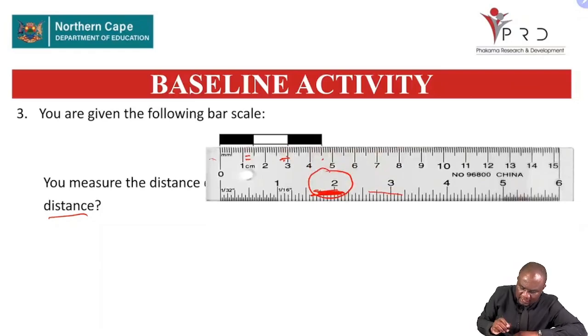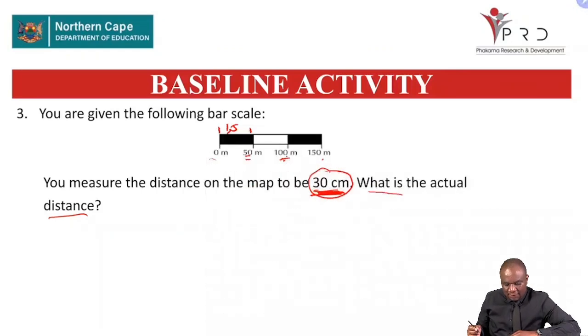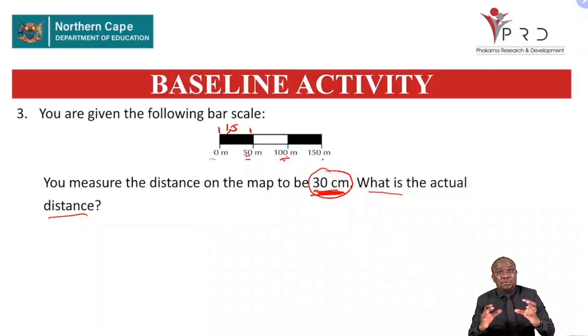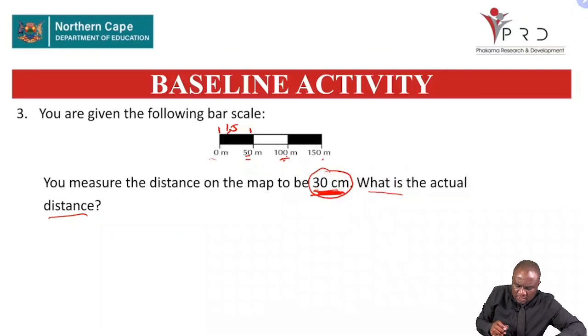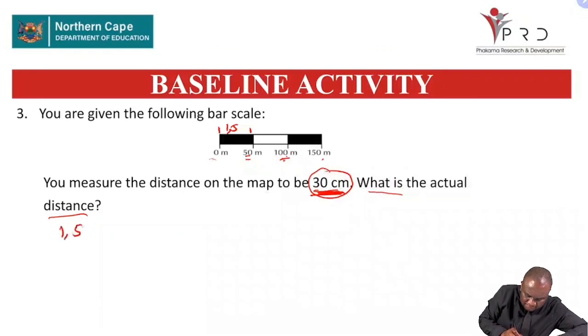Right, welcome back. Now let's check. From here to here, the ruler is 1,5 centimeters, or the whole bar scale is, we can say, 4,5 centimeters. So someone can choose to use the whole bar scale, or someone may choose to use just this small part here. Let's start with the small part. We're saying 1,5 centimeters represent 50 meters.